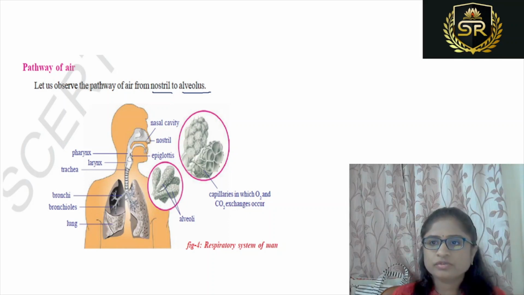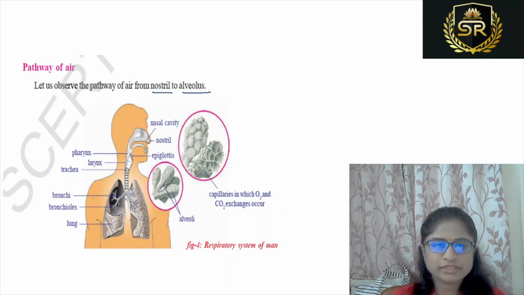Whenever food has to be swallowed, it allows the food to go into the esophagus. Whenever air is coming in, it allows it to go into the trachea. This is the larynx, and the trachea is present here.